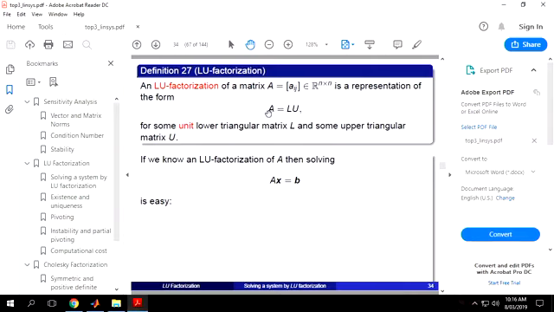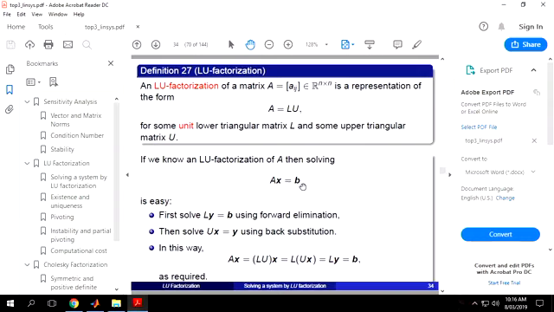Suppose that I know A equals L times U. Then instead of solving AX equals B, I replace AX by LUX equals B. And you just combine UX to be the vector Y. So you do the solving in 2 steps. First, you solve Ly equals B by forward elimination, and after that, you solve Ux equals Y.